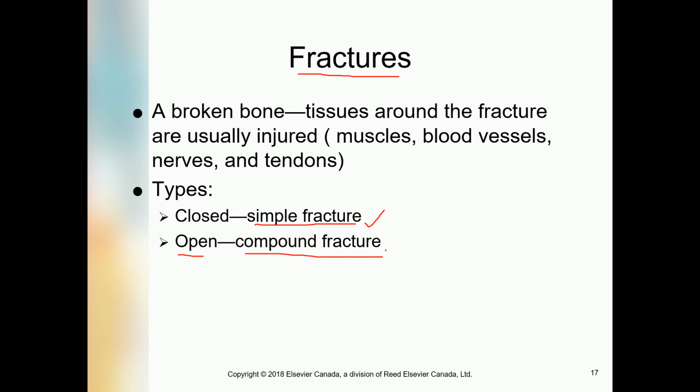You can see a visible wound in that fracture. And in fractures, what is involved? It's a broken bone and muscle, blood vessels, nerves, and tendons. All these parts connected with the bones are badly affected.